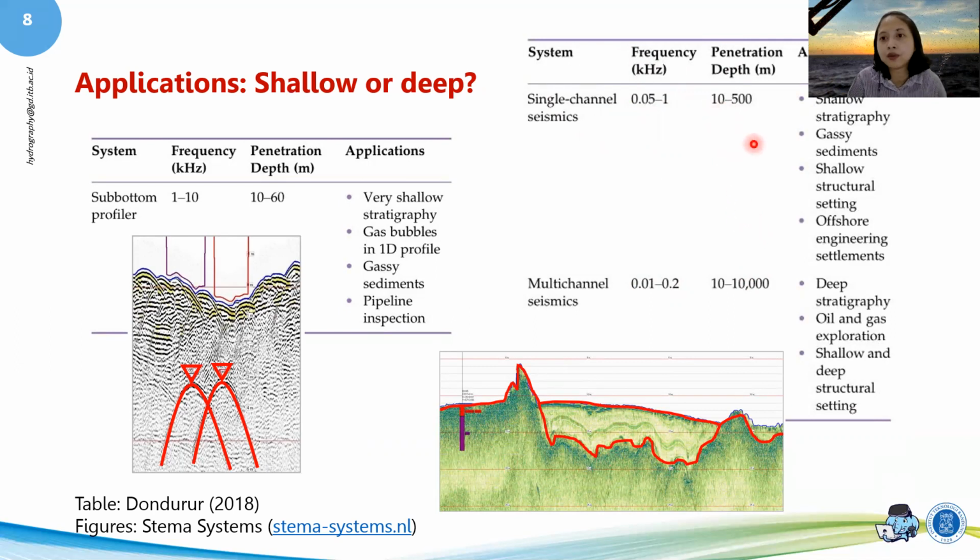This one is 10 to 500, this one is 10 to 10,000 meters or 10 kilometers. It could even be deeper if you're doing it with OBS, because the OBS is recording just on top of the seabed, so it's going to be a lot deeper for the penetration. So that's going to be really cool.